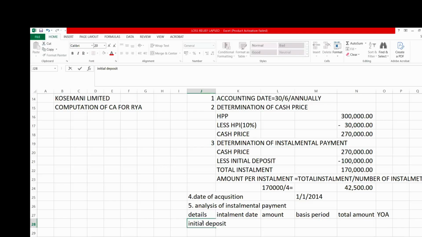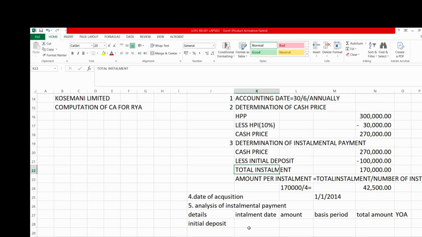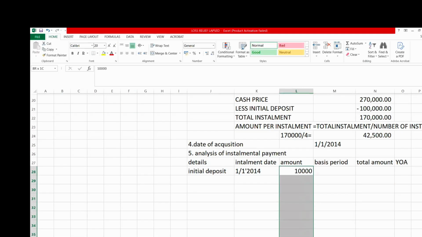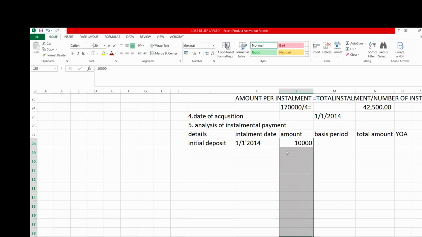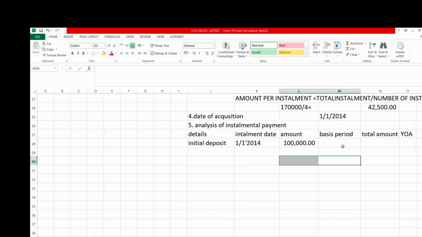This initial deposit, I told you, is usually paid on the date of the agreement, which is 1/1/2014. How much is the initial deposit? 100,000 naira will be paid as initial deposit.